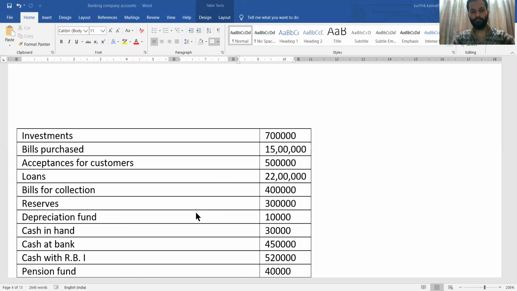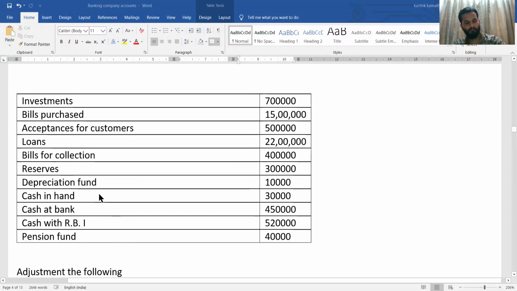So you need to deduct 10,000 from premises. Cash in hand information is given, that is schedule number 6. Cash at bank is another bank, I think, so it is schedule number 7. Then cash with RBI is schedule number 6. Pension fund is other liabilities and provisions, schedule number 5.